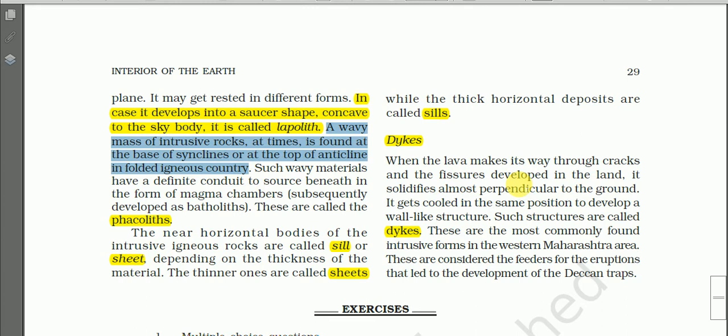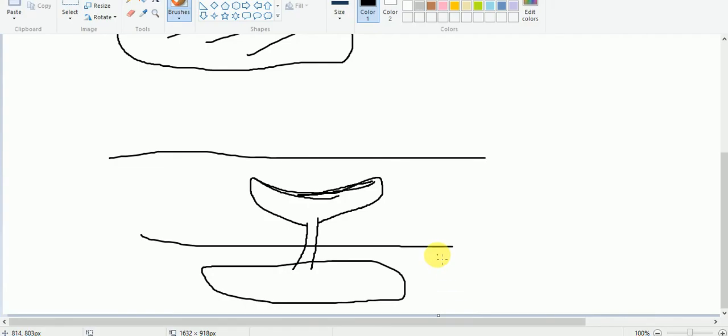Such wavy materials have a definite conduit to the source beneath in the form of magma chambers, subsequently developed as batholith, and these are called Phacoliths. So a Phacolith is a wavy mass of intrusive rocks, at times found at the base of synclines or at the top of anticlines in the folded igneous country. Now let me draw it first.